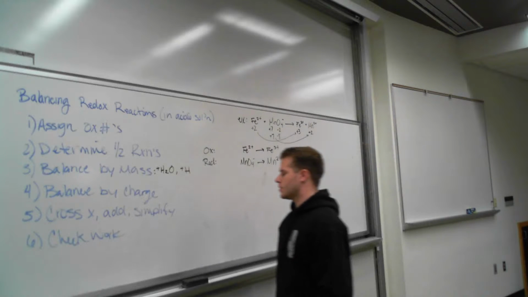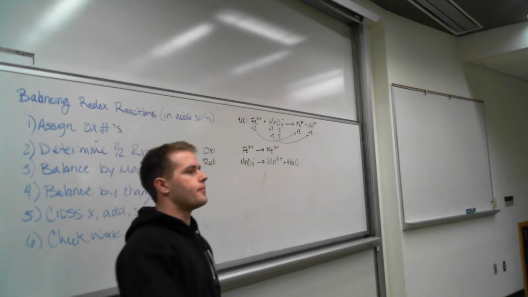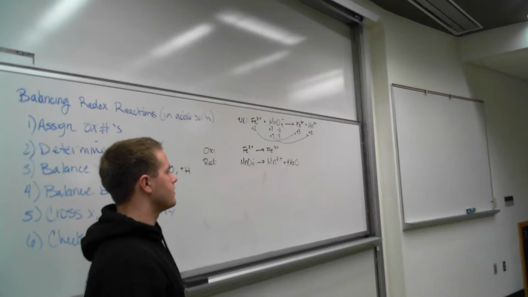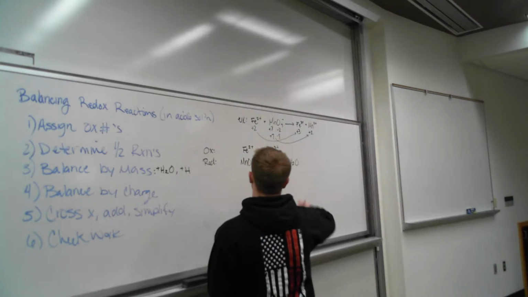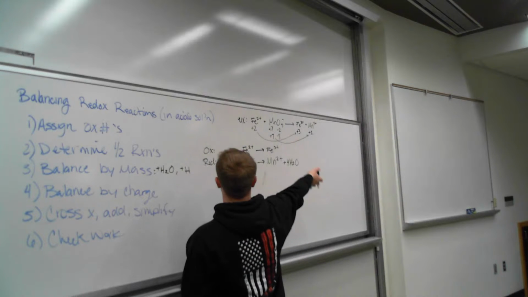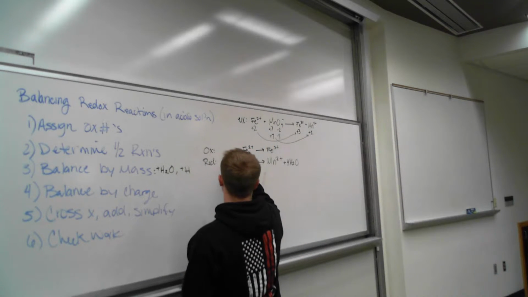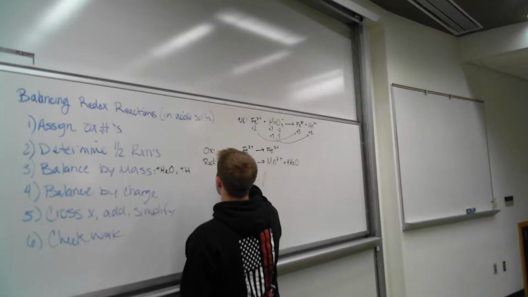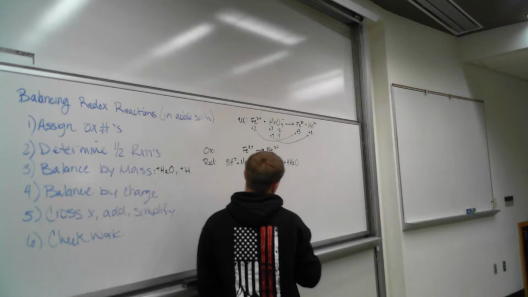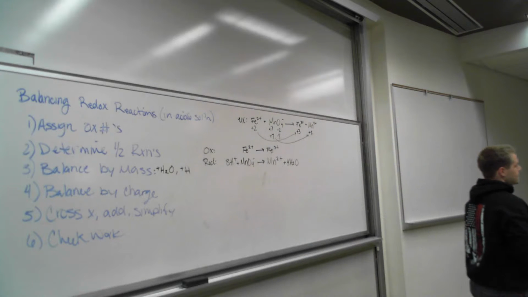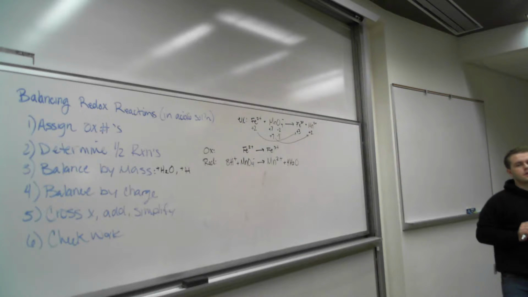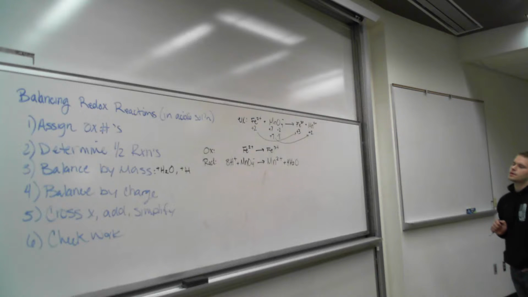So just like when you're balancing a combustion reaction or a precipitation reaction, any reaction that you're balancing, as you add things, as you mess around with coefficients, you're going to change the amounts on each side. So we have to go back and make sure that we are good to go. So we're going to add 8 protons, 8 H plus. Remember that it's H plus and not just hydrogen. We're going to add 8 protons.